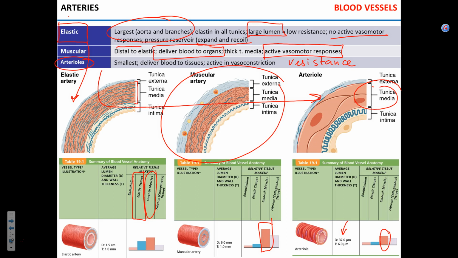You may ask, what's the difference between, say, muscular arteries and arterioles if they both deliver blood? Well, consider this. Say, the liver is quite large. So muscular arteries, hepatic arteries, will regulate blood flow to the entire liver.